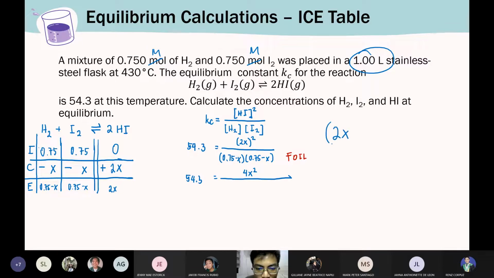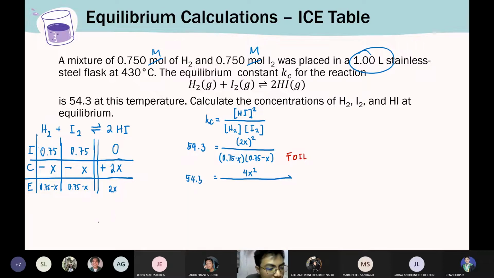Kasi remember, if you have exponent sa labas ng parenthesis, that will also be distributed to them, no? So 2 square, x square, so that's 4x square. May ibang student kasi na nakakalimutan is square din to. Okay? So that's wrong. So you have to do it properly because otherwise you'll get wrong answers.